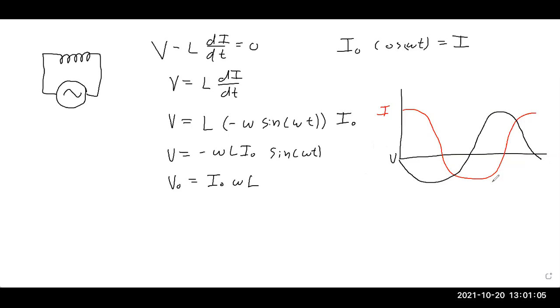Doesn't match up with it. So you can see whatever the voltage does, the current does the same thing a quarter phase later. So the voltage starts at 0, a quarter phase later, the current is at 0. So this is the current lagging the voltage by 90 degrees or by a quarter phase.